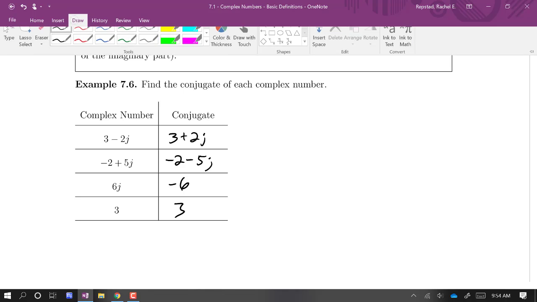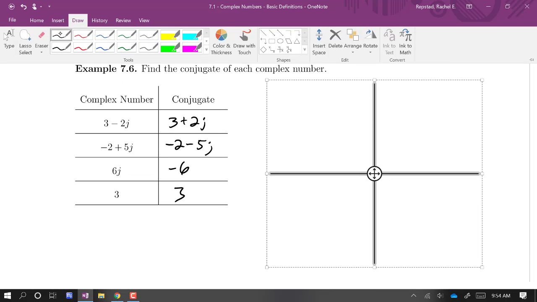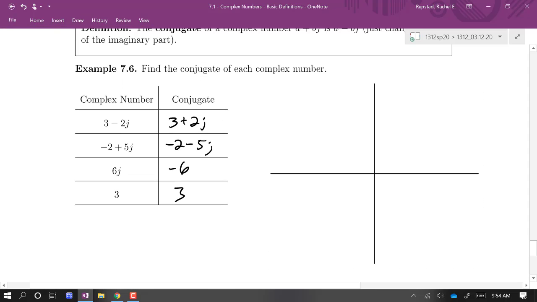Now, I'm going to plot these numbers. So there's our real axis. Here's our imaginary.